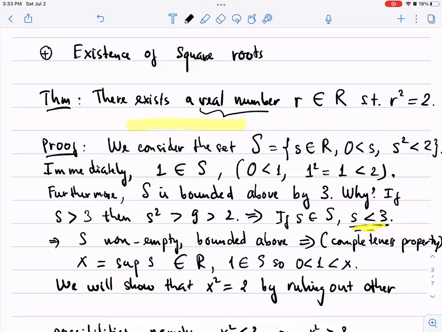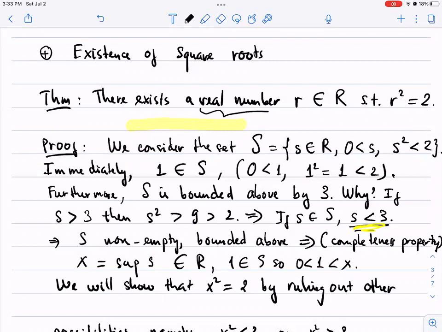And that is exactly an indicator of why Q is not the same as R. The set of all rational numbers is not the same as the set of all real numbers. That is, the set of real numbers has some numbers which do not belong to the set of rational numbers.